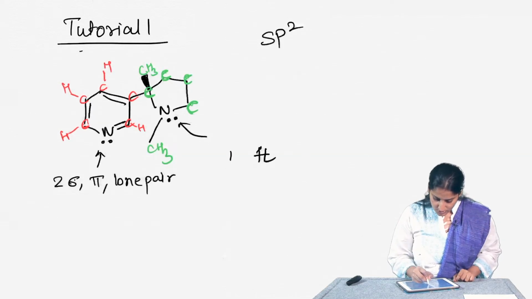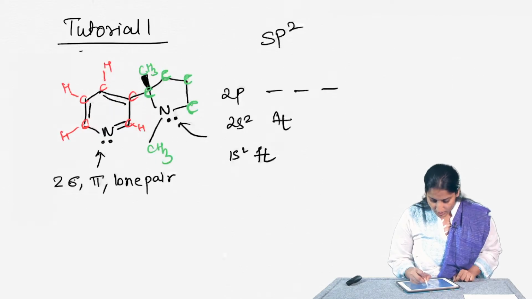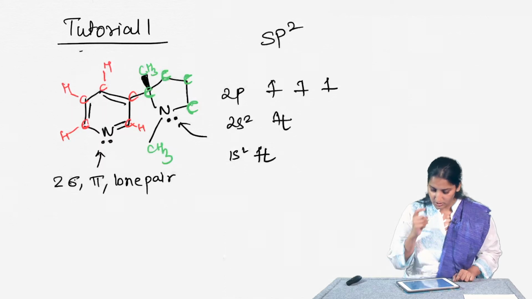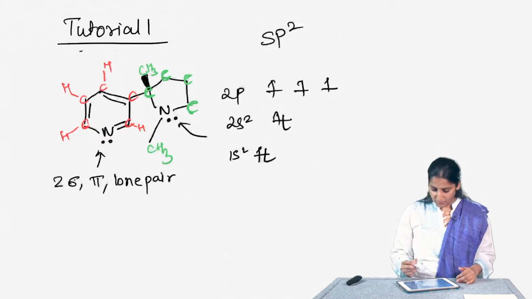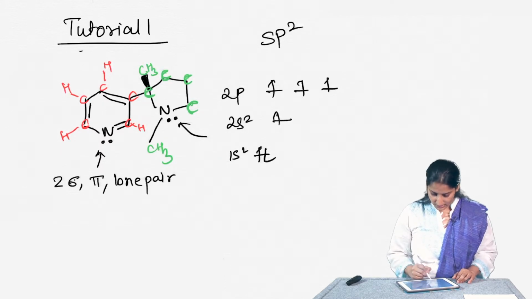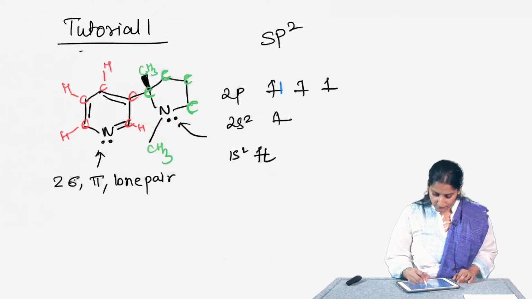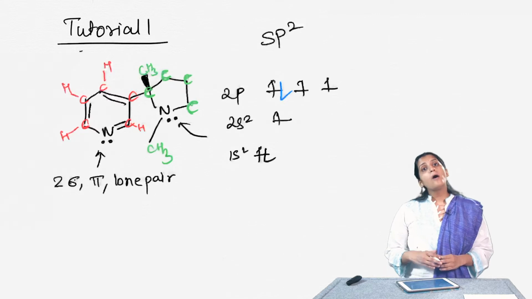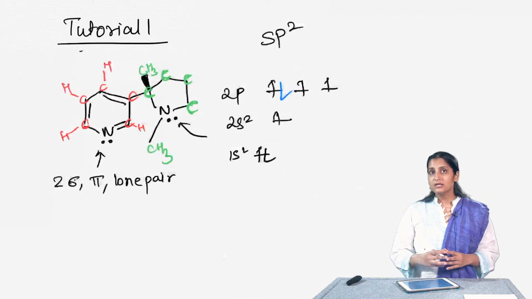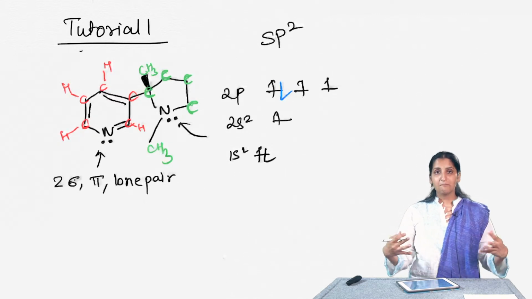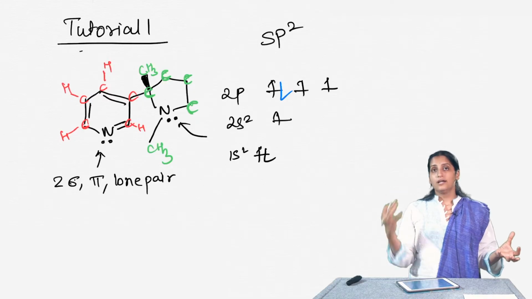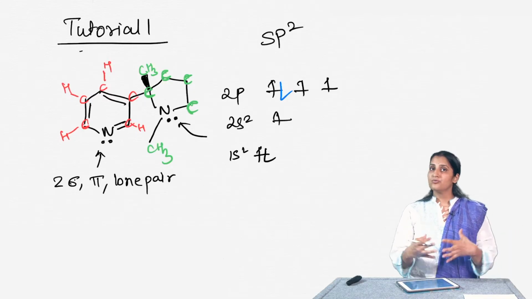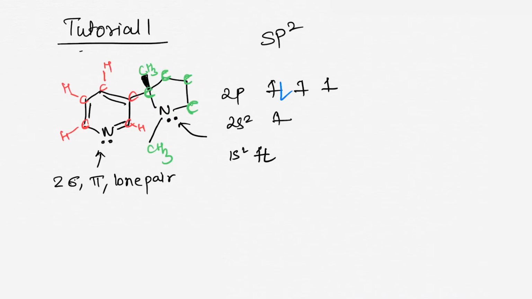We have 1s2, 2s2, 2p3, that is our ground state electronic configuration. Then as we talked about, we go to the excited state electronic configuration by moving one of these electrons up, and then in order to form sp2 hybridized orbitals, you need to combine one of the s and two of the p orbitals together to form 3 sp2 hybridized orbitals.